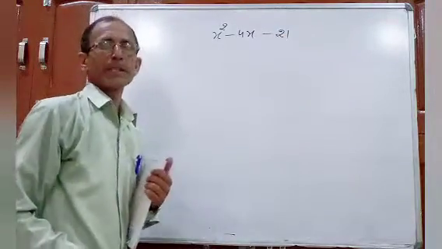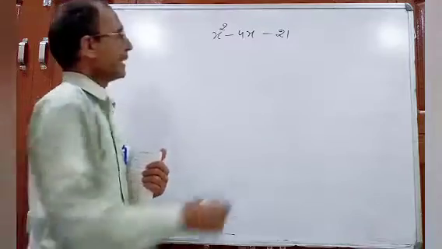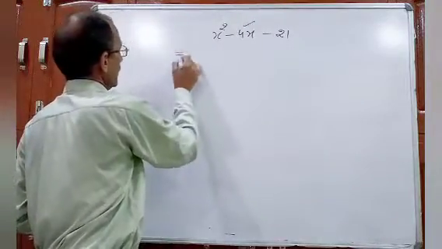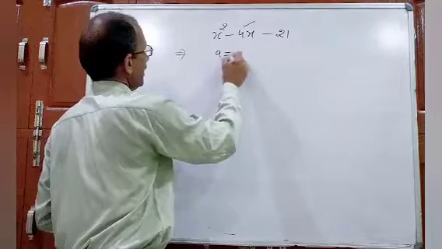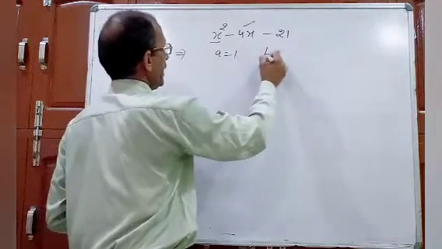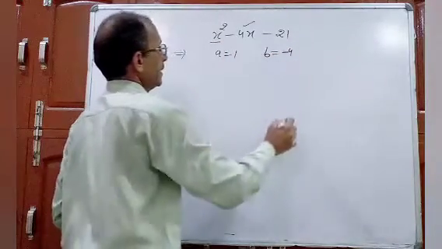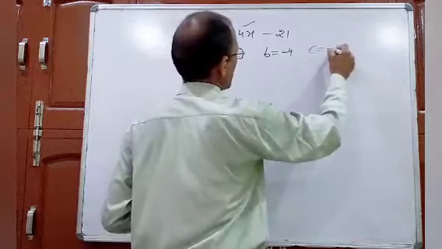We have to split the middle term. It means we have to break the middle term. So for this one we will write a is 1, b is minus 4, and c is minus 21.